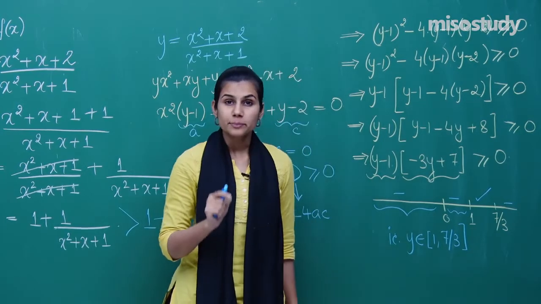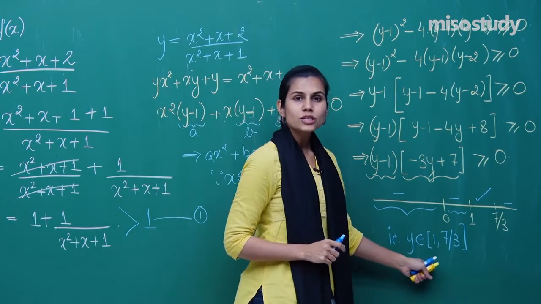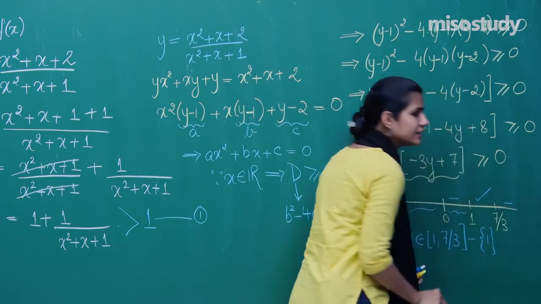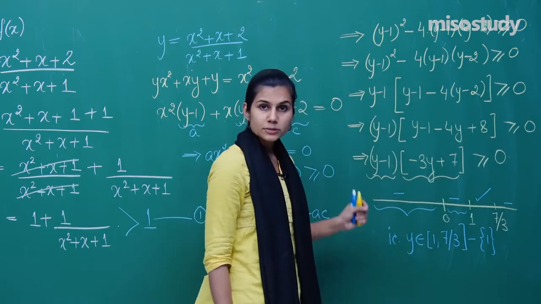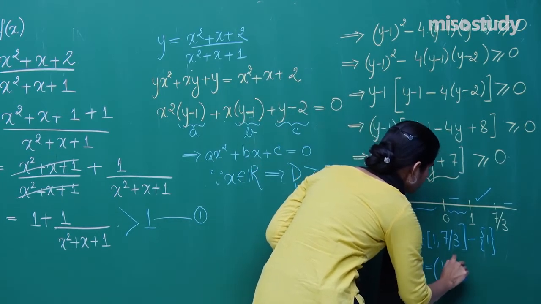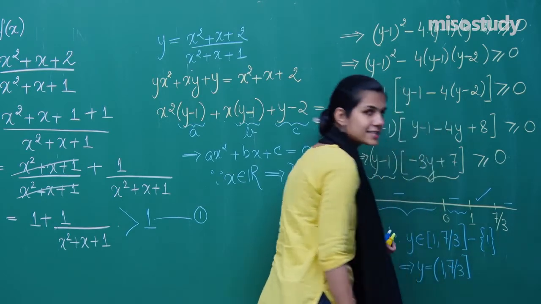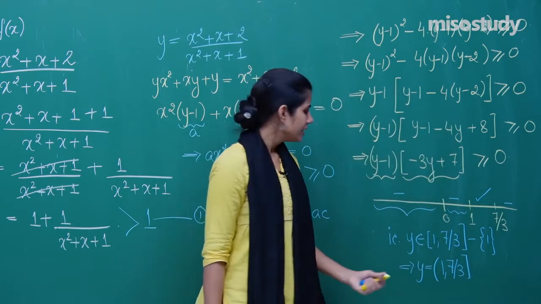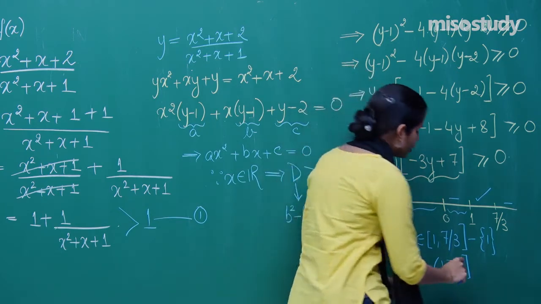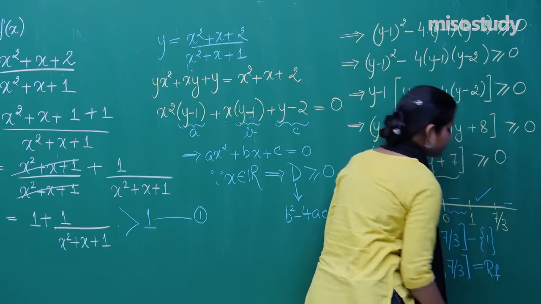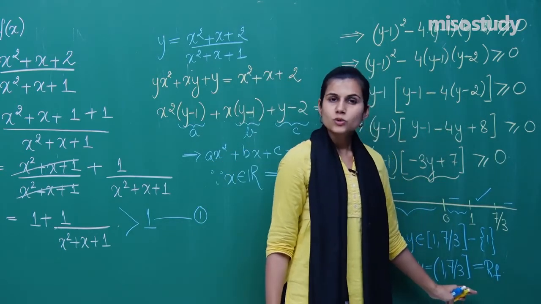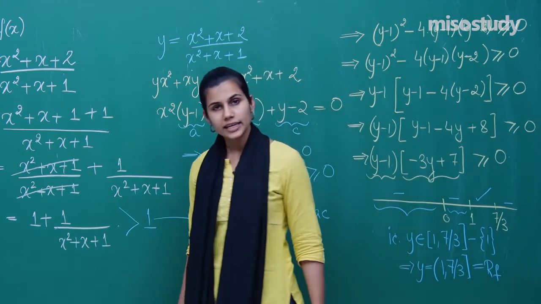That means it cannot be equal to 1. So here in this closed interval, I have included 1, but I will have to exclude this 1 because y cannot be 1. This implies y belongs to the interval with 1 excluded, 7 by 3 included, and y stands for the output. This is my range of the function f. We have just followed the algorithm and found our range, which is 1 open, 7 by 3 closed interval.